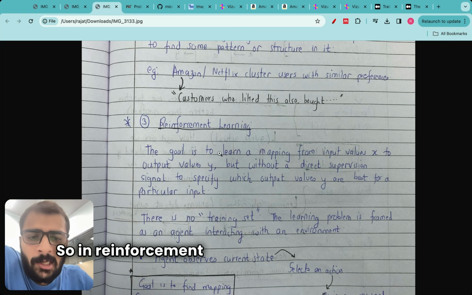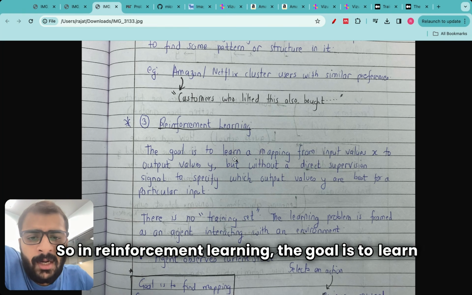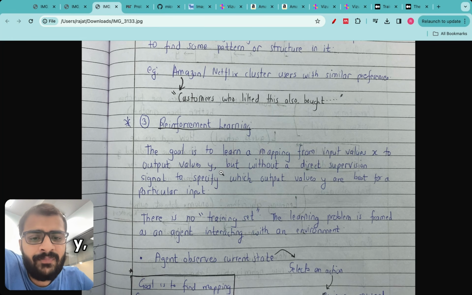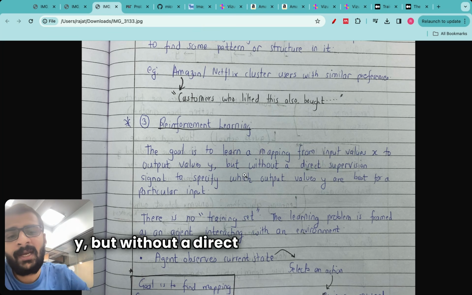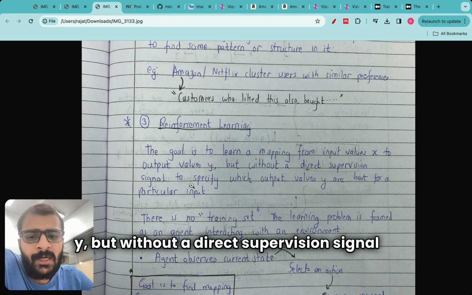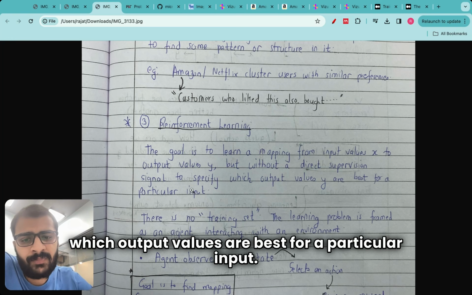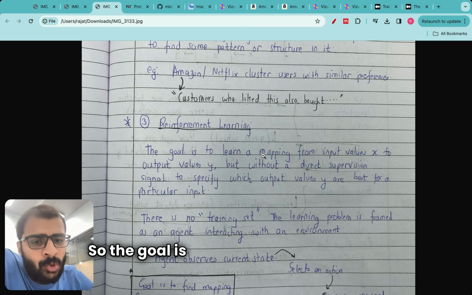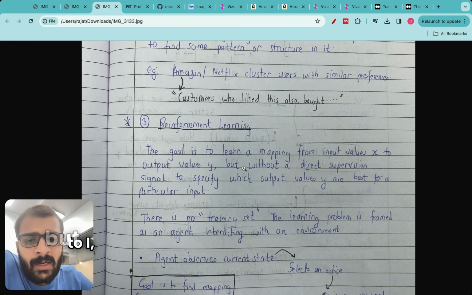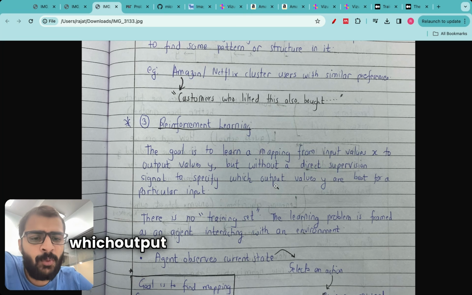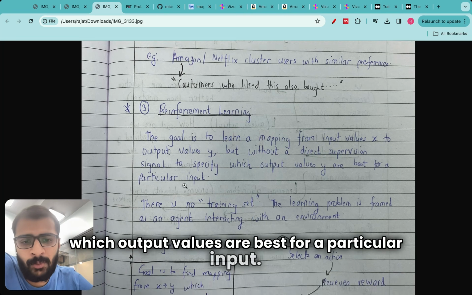So, in reinforcement learning, the goal is to learn a mapping from input values x to output values y, but without a direct supervision signal to specify which output values are best for a particular input.